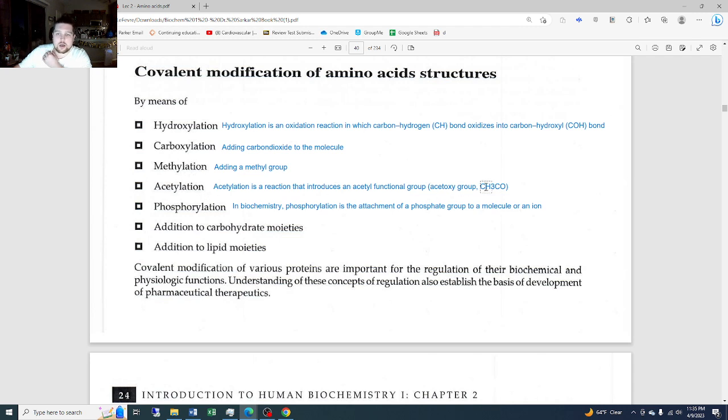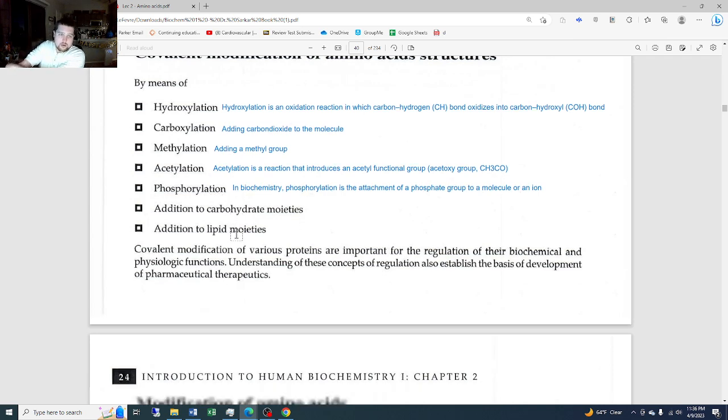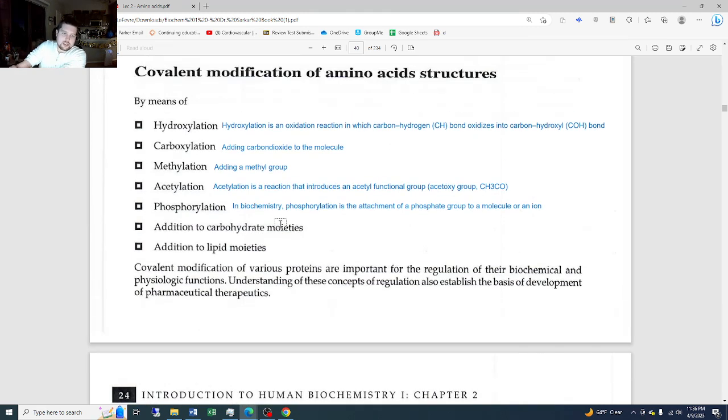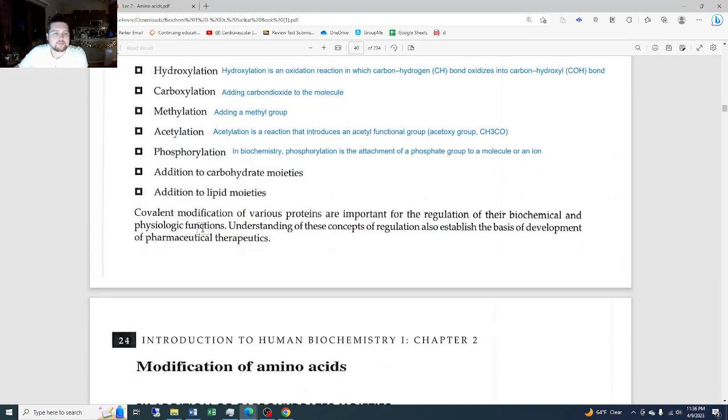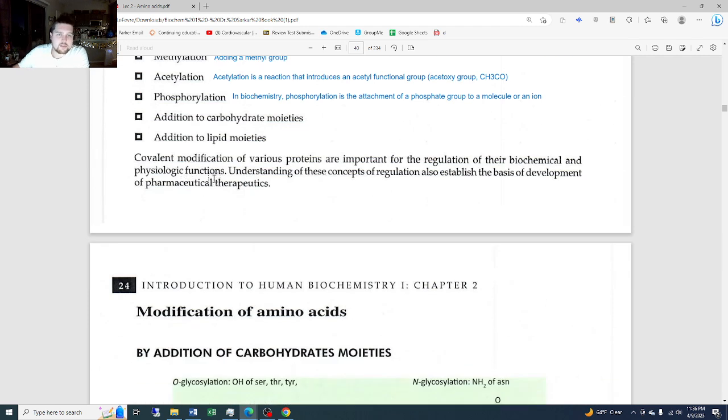Know the definition well, know what it is that's being added or taken away, so that way later on down the road, the enzymes are so much easier for you to learn and to remember. Okay, so covalent modification of various proteins are important for the regulation of their biochemical and physiologic functions.